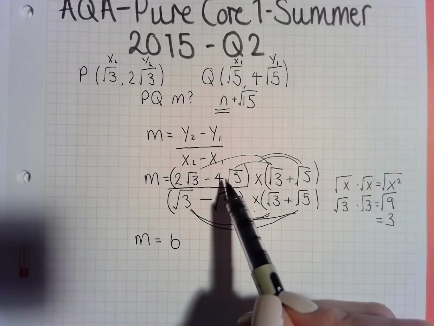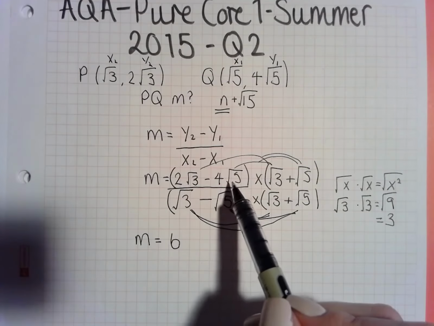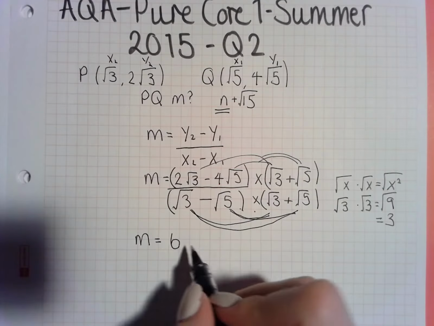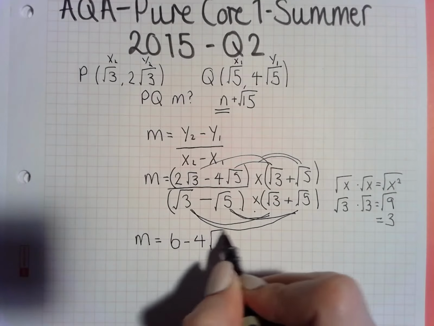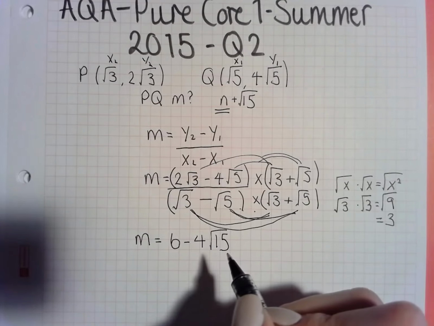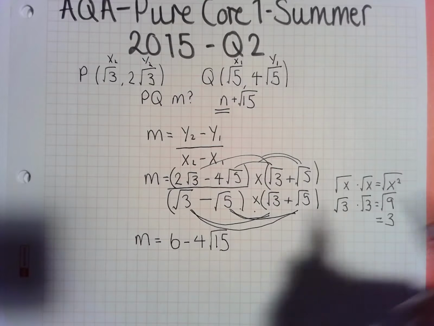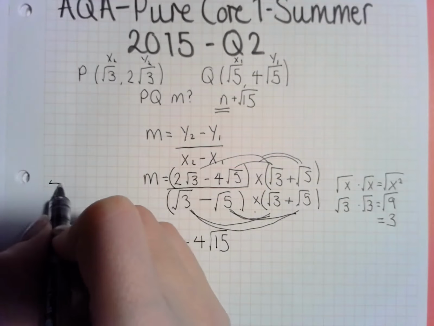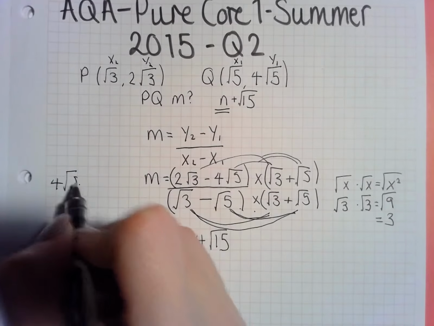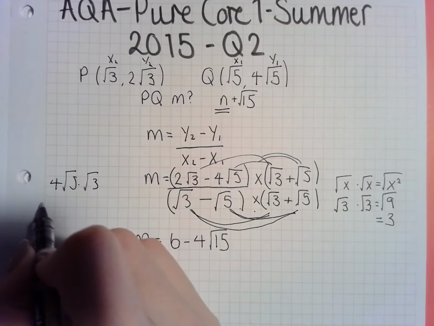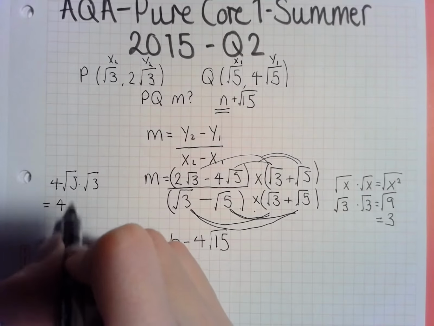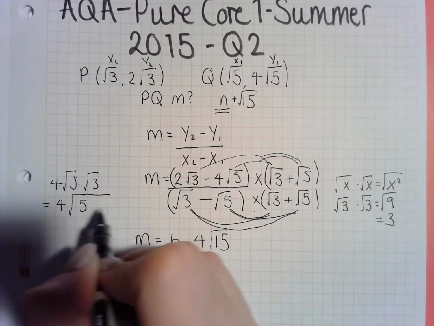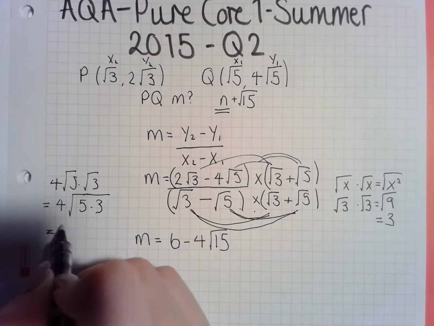Okay? So now minus 4 root 5 times root 3, that's going to be minus 4 root 15. Because, just a side note again, 4 root 5 times root 3 equals 4 root 5 times 3, which equals 4 root 15.